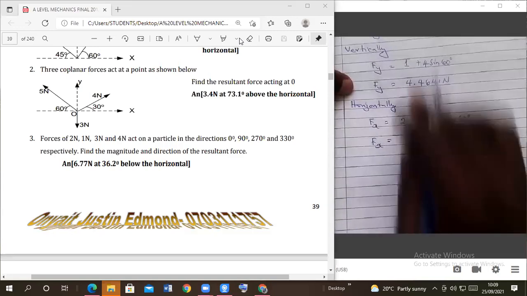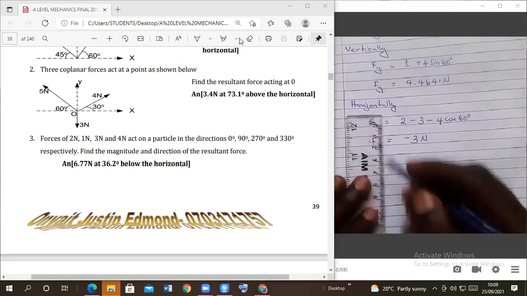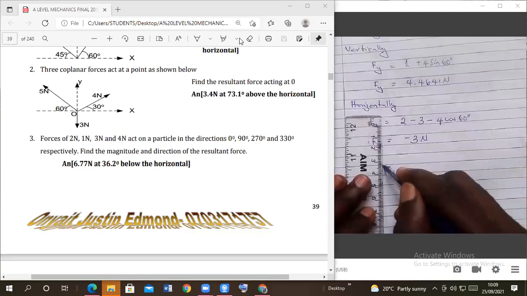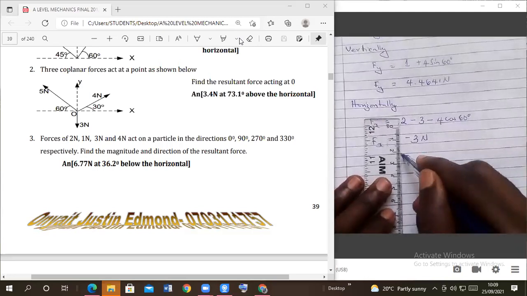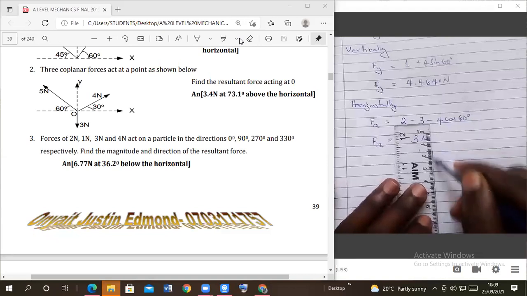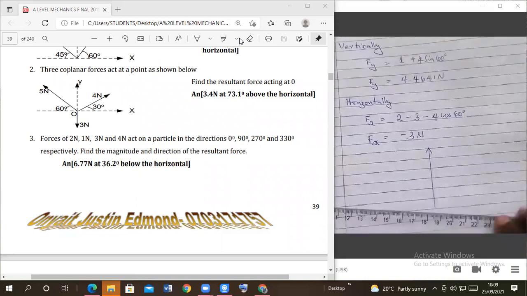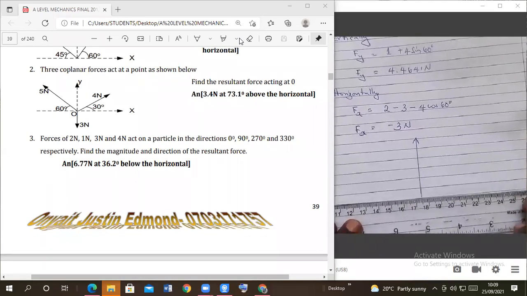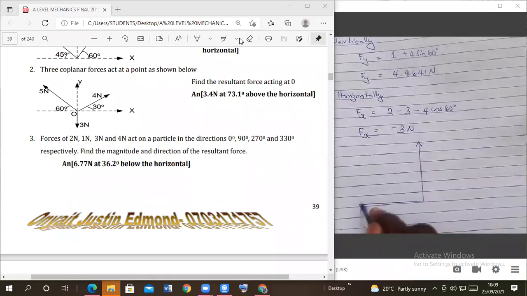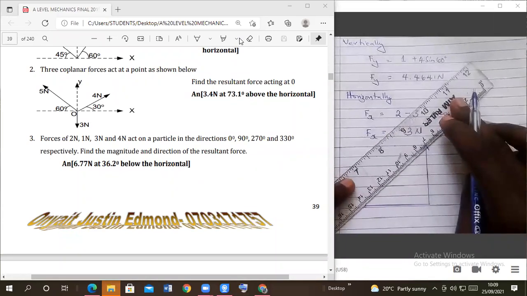Now we have to get the resultant. Let's draw the resultant. Y is positive, then X is negative, which means it must take that negative side, which is this. Completing the triangle like that.